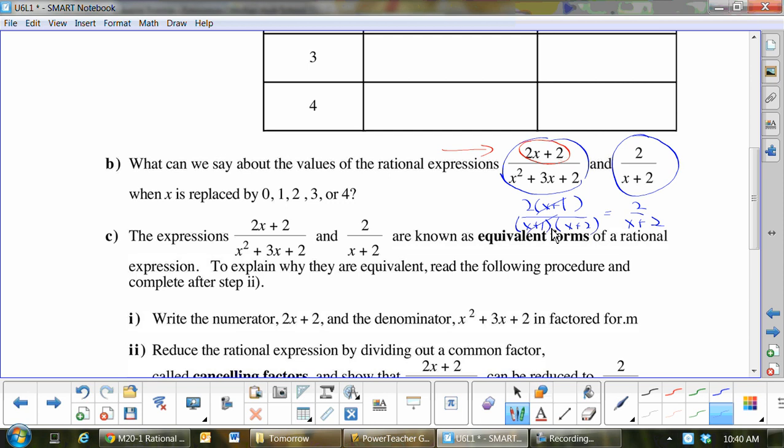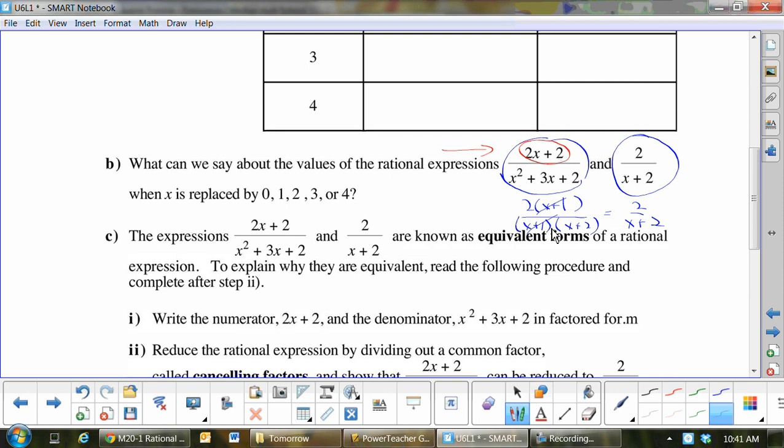Now, right away, people are going, but I canceled it out. If it was never allowed to play anywhere in the question, it's never allowed to play for the whole question. So if you just look at 2 over x plus 2, then you're going to say x can't equal -2.